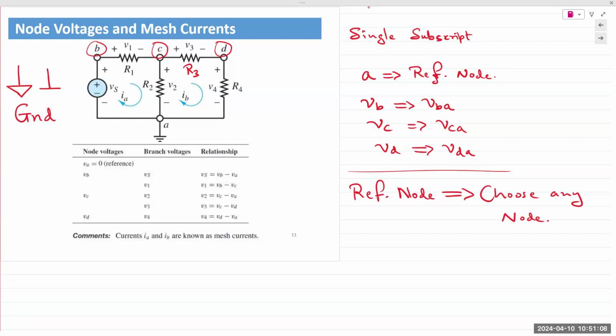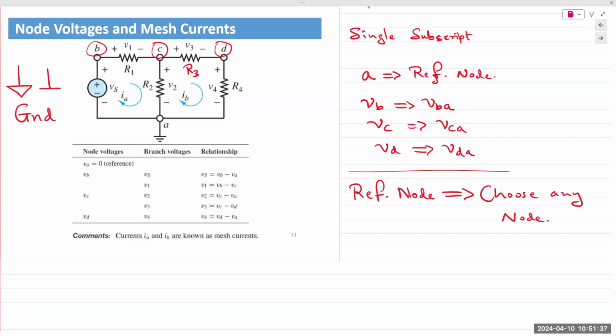In the node voltage analysis technique, we choose a reference node. In this example, that node is chosen as A. So all other node voltages are measured with reference to that node. That means VB, voltage at node B, is VBA, voltage measured at B with my reference at A.